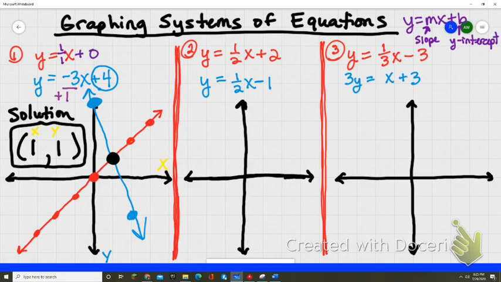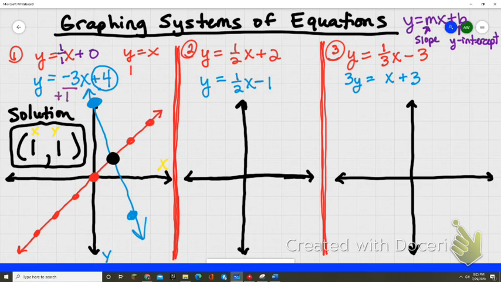So again, when you graph two lines, where they cross is the point of intersection, and that is your solution. What that means is if you plugged one in for x and one in for y, you would have an equation that's equal to each other. So let me show you that up here. Our original equation was y equals x.